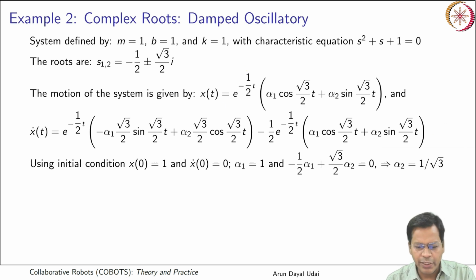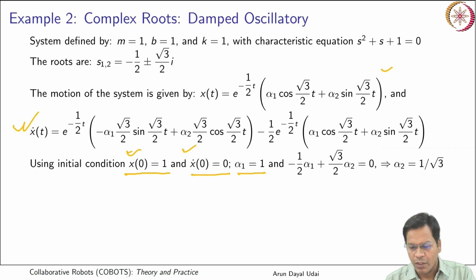When I substitute the initial conditions, that is at time t equal to 0, x is equal to 1, and similarly for velocity, x dot is equal to 0 at t equal to 0, putting these two values in these two equations I get alpha 1 equal to 1 and minus 1 by 2 alpha 1 plus root 3 by 2 alpha 2 equal to 0.